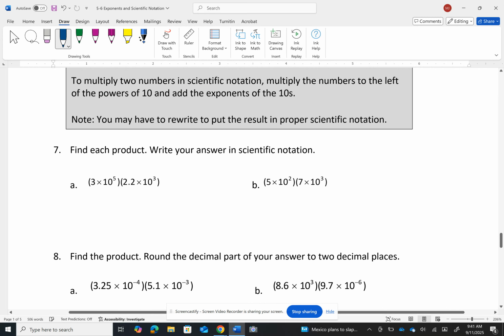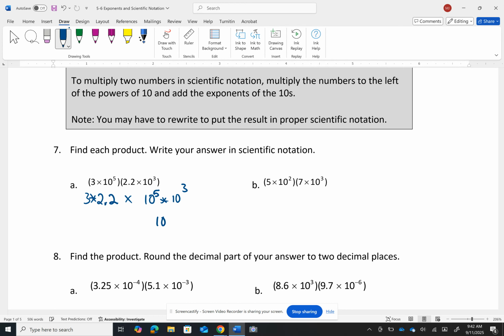All right. So if the numbers started out in scientific notation, then what we can do is take the 3 times the 2.2, okay? Right, and then take your 10 to the 5th, and you're multiplying that by your 10 to the 3rd, okay?